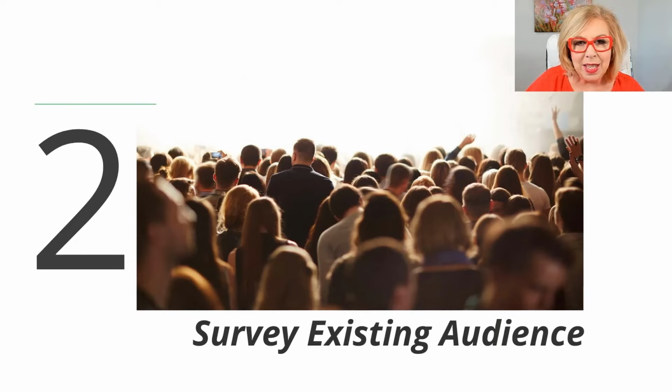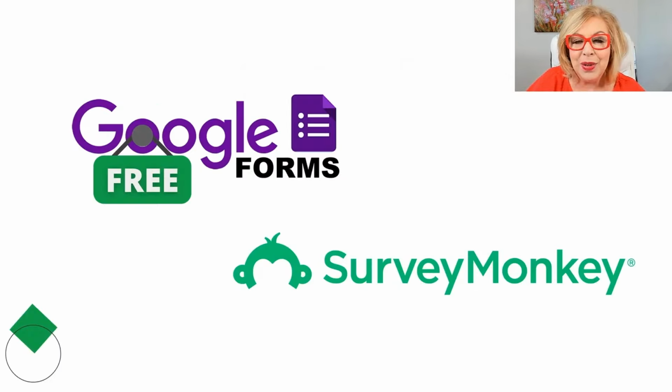If you already have an email list or a social media following, this process is going to be pretty simple. Just send out a web-based survey to gather information about your audience or your community or the people that are on your list. And if you already have a customer pool, even if it's uber small, you'll definitely want to survey them as well. It's easy to create simple surveys using Google Forms or SurveyMonkey. You'll want to ask participants about their age, their gender, interests, biggest challenges that they might have, and buying preferences.